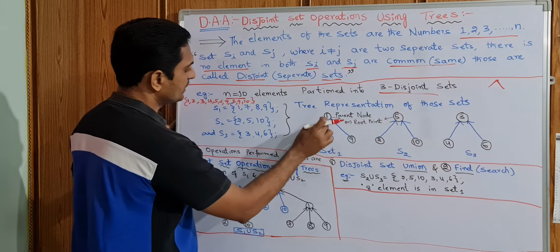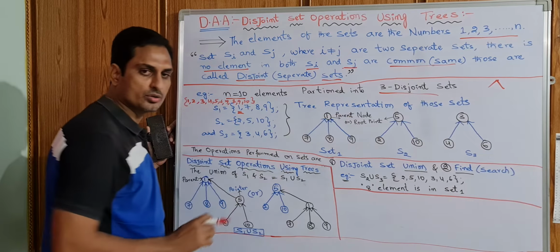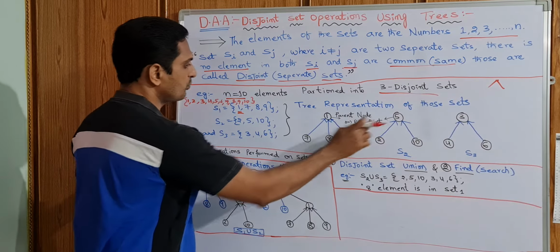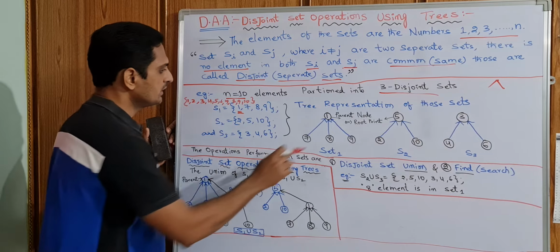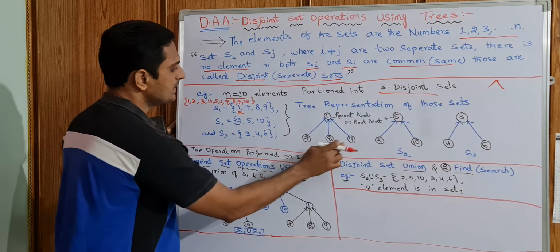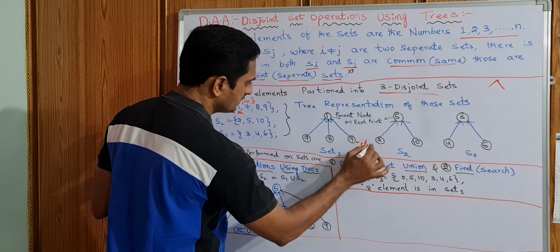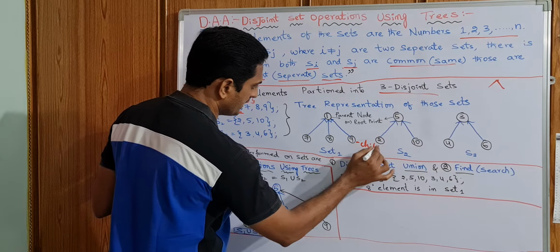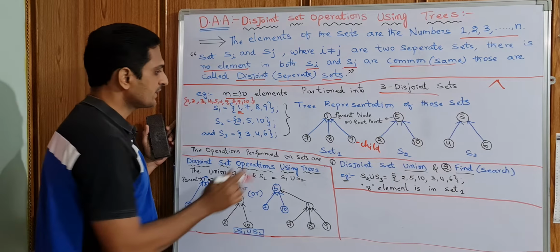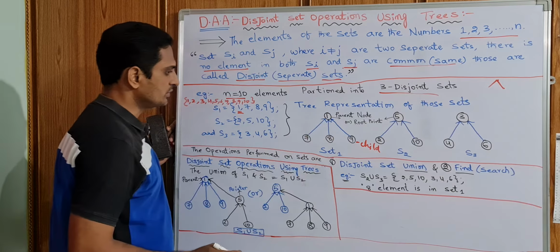In set 1, the element 1 is taken as the parent node or root node, and the remaining elements 7, 8, 9 are child elements. An arrow mark is given from 7, 8, 9 to the root node.